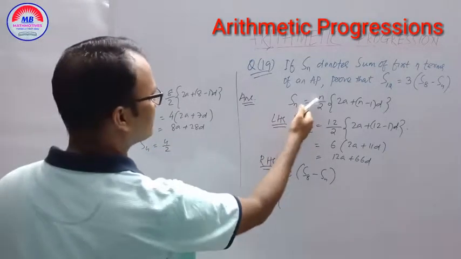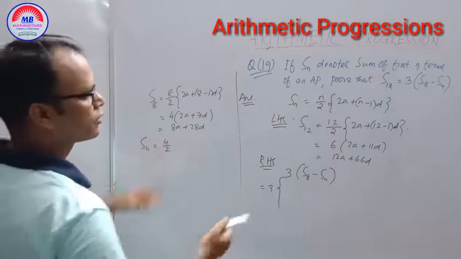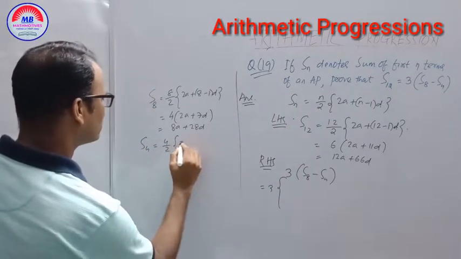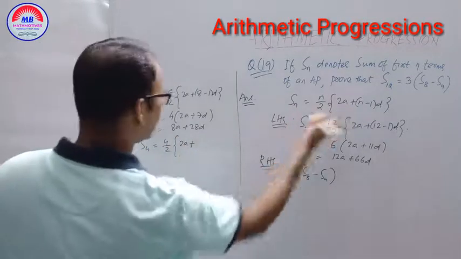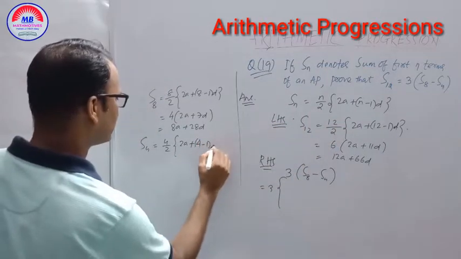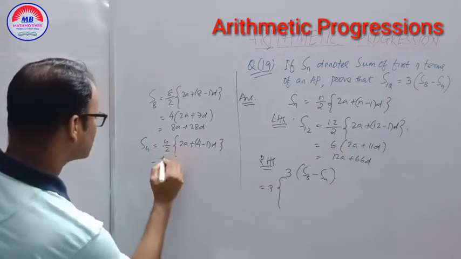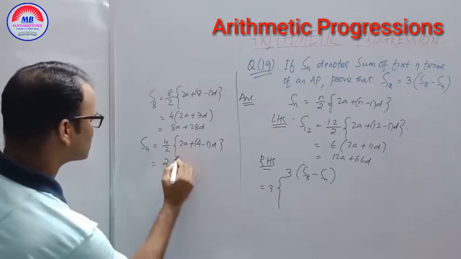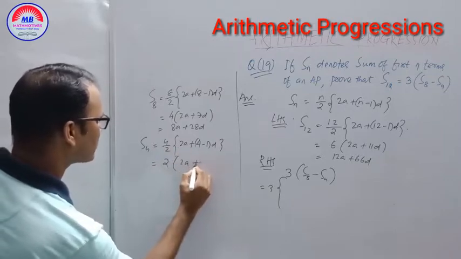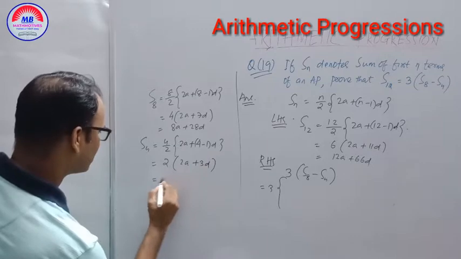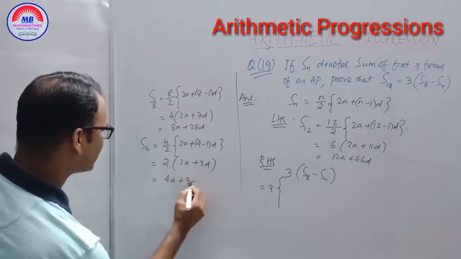In this formula in place of n put 4. So 4 by 2 into 2a plus 4 minus 1 into d. It is 2 into 2a plus 3d. That equals 4a plus 6d.